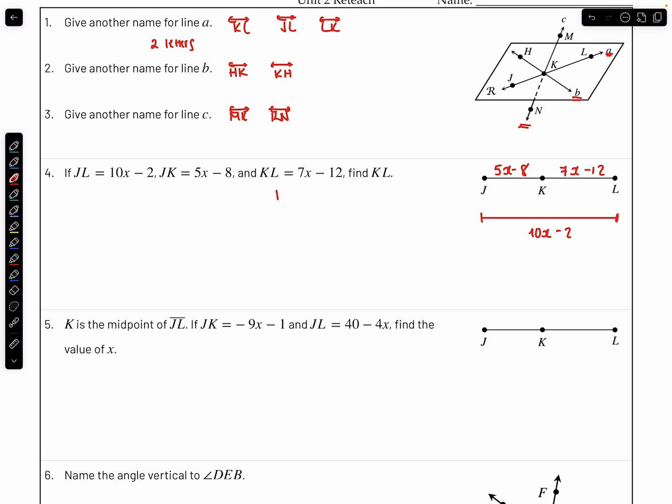So this question's a PPU question because we're given the parts and specifically the whole. So we have a total of 5x minus 8 plus 7x minus 12 equals the whole, that's 10x minus 2. We're going to combine like terms.